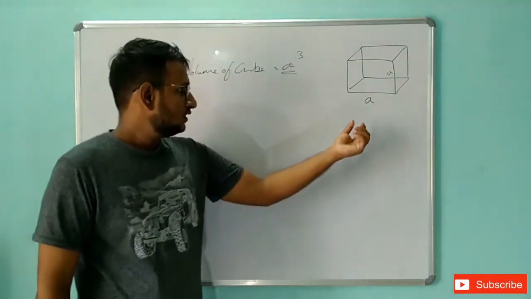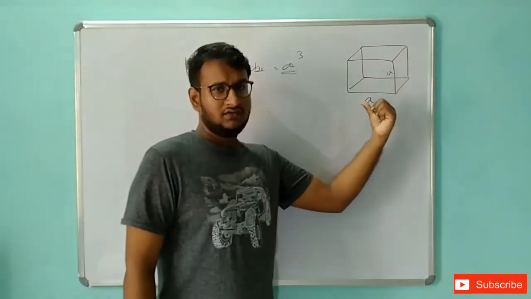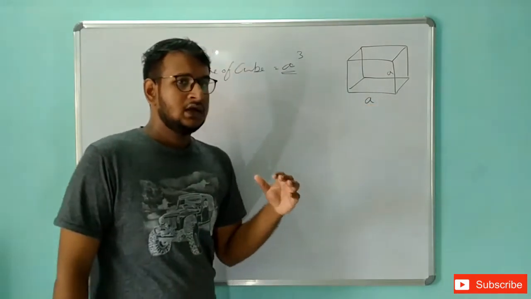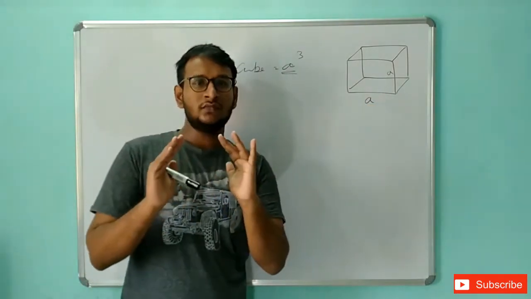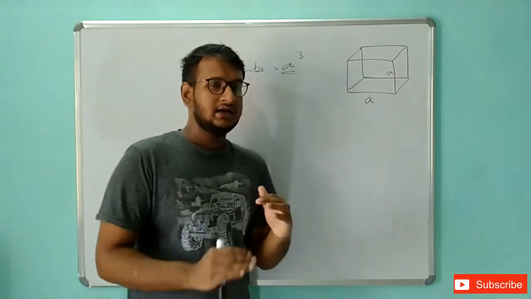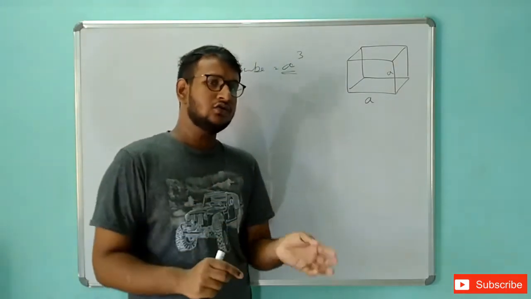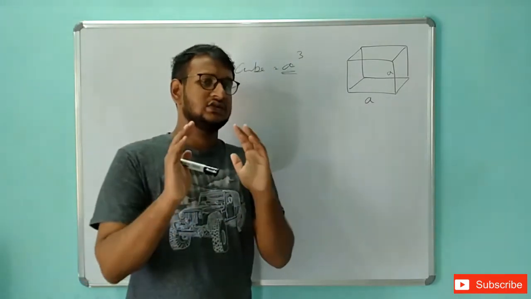So we are having the side a. Let's assume one thing. Let's assume this cube, and we are going to cut this cube into small two-dimensional squares.